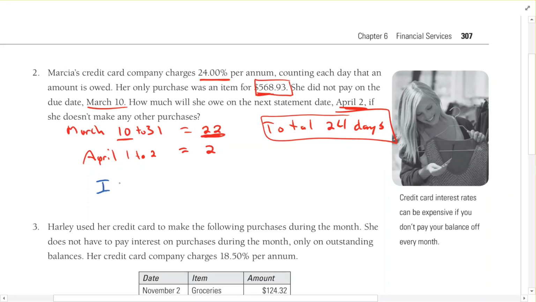So I is equal to PRT. So I is equal to, well, there's only that 568.93 on there so far. So 568.93. Interest rate is 0.24. And then the amount of time that has gone by is that 24 days that we figured out, so times 24.